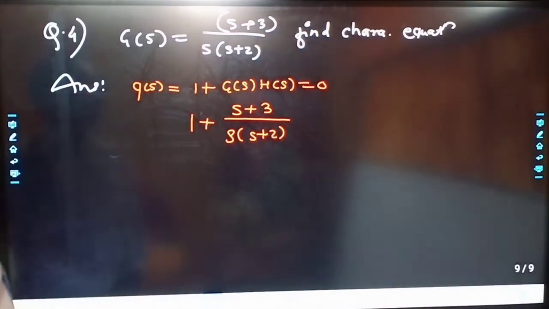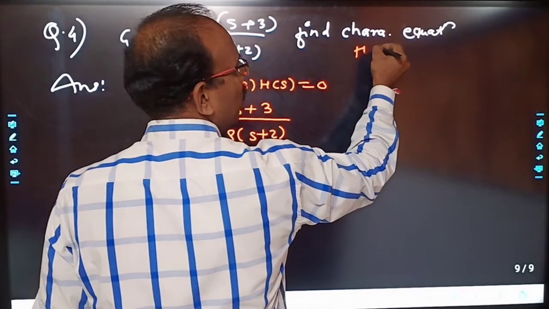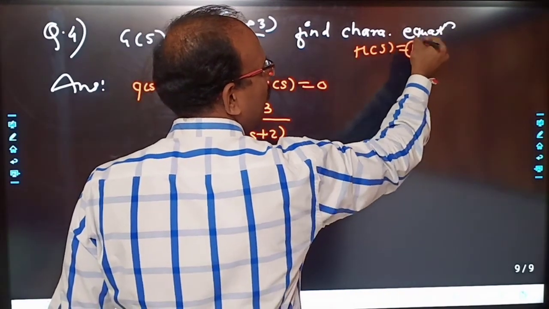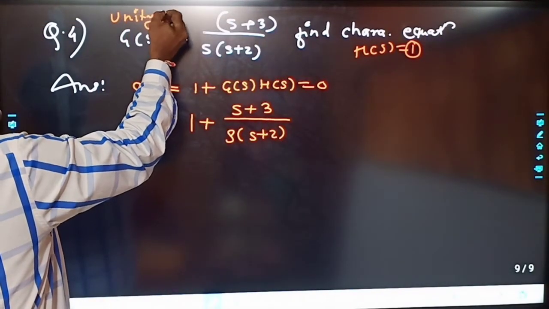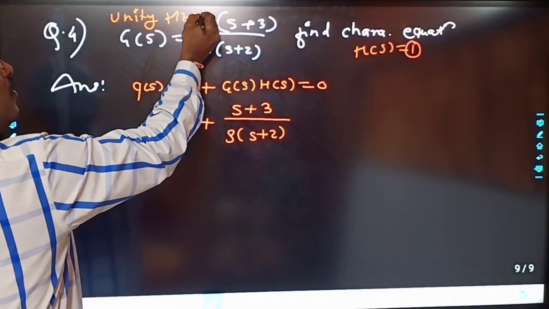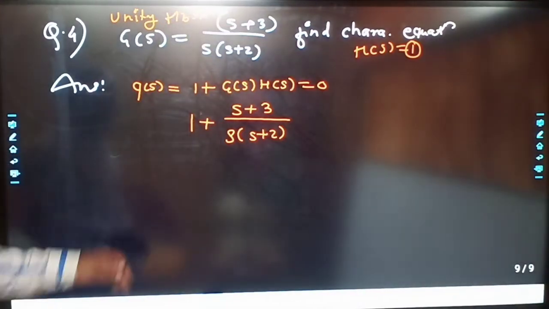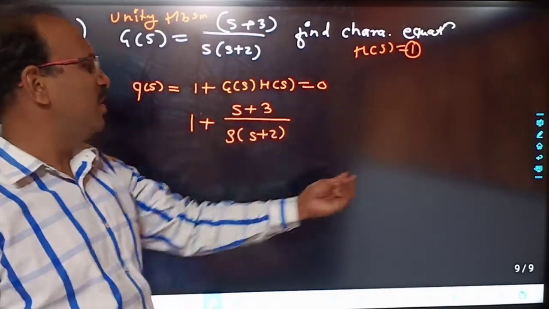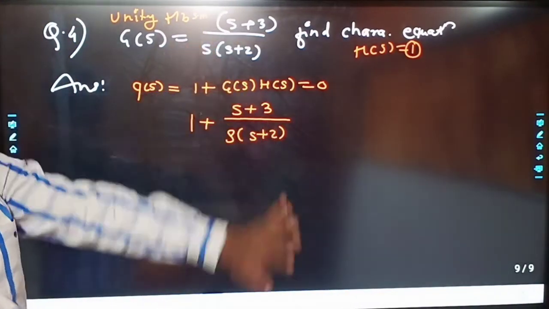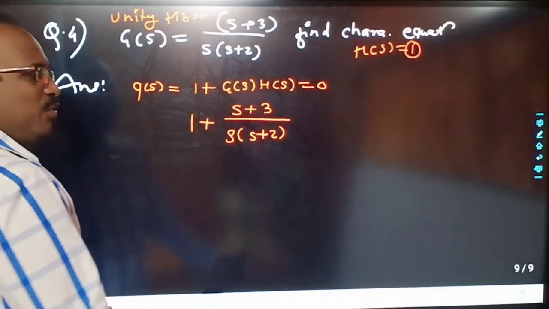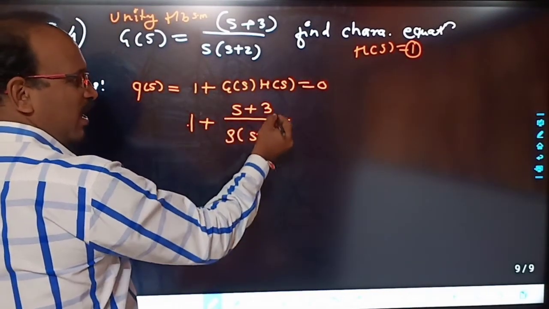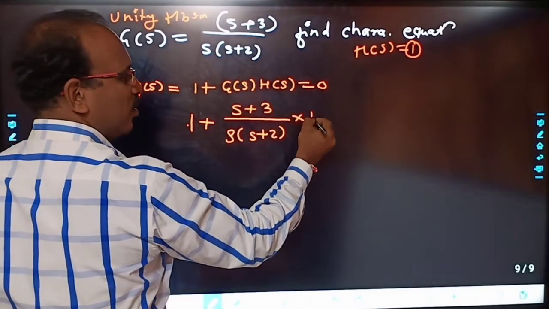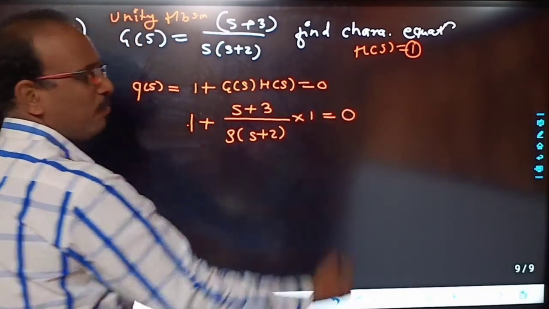But what is h of s? The feedback is not given. There we have to consider h of s equal to 1. This is called a unity feedback system. They will mention unity feedback system; if it is not mentioned, then we can write h of s equals 1 and consider it a unity feedback system. So 1 plus g of s into h of s equals 0.